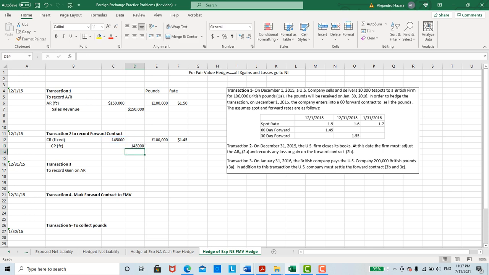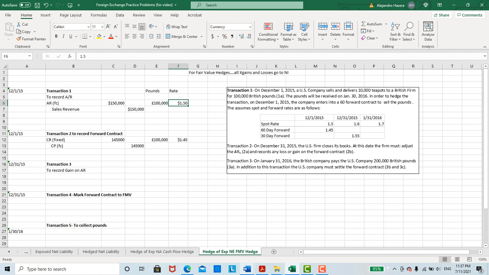One thing about this is that you may be asking yourself, where's the discount or premium? In this case, where's the discount? Keep in mind it's a discount because the forward rate is less than the spot rate. $1.45 is less than $1.50. You've got in there a discount of $5,000.